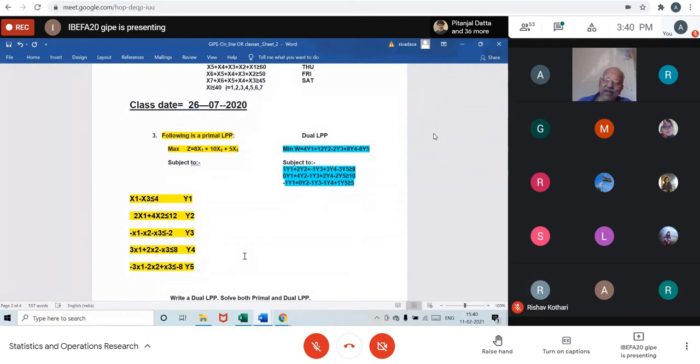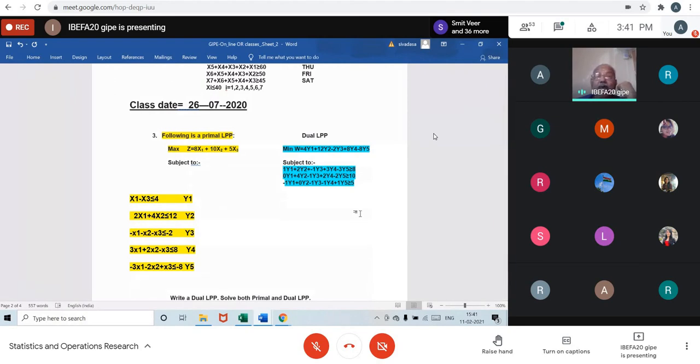Dual of dual LPP. Arre, blue mein likha hai dual LPP, uska ek baar dual likhne mein kya hoga? The primal. So, if I know the answer of primal, I should know the answer of dual.